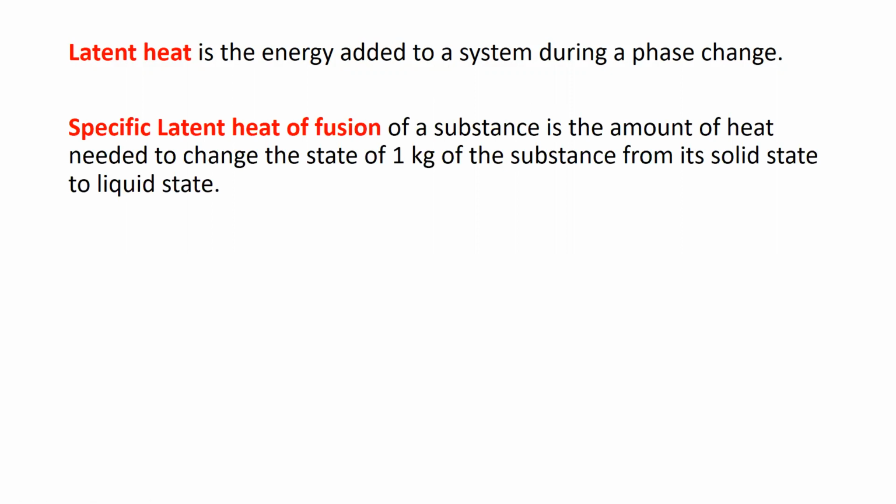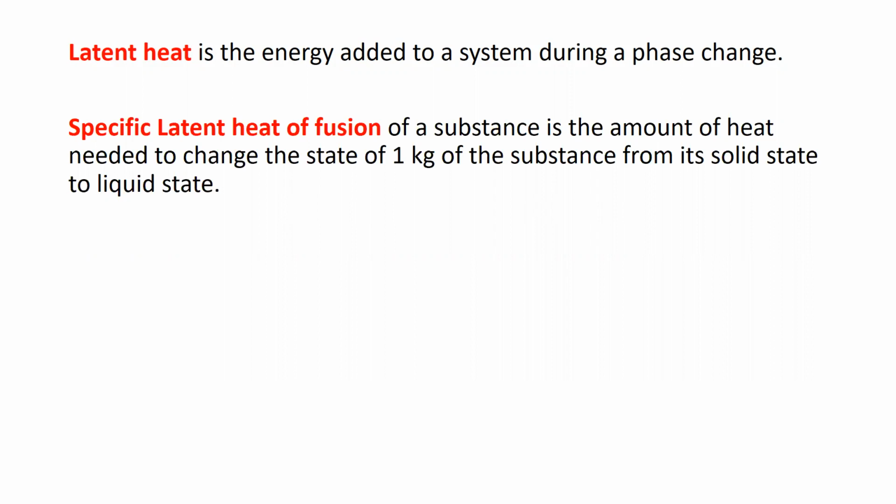Then we have the specific latent heat of fusion. That is the amount of heat required to change the state of 1 kilogram of a substance from its solid state to liquid. So if you want to change a substance from solid to liquid, you need to give a certain amount of heat to it.